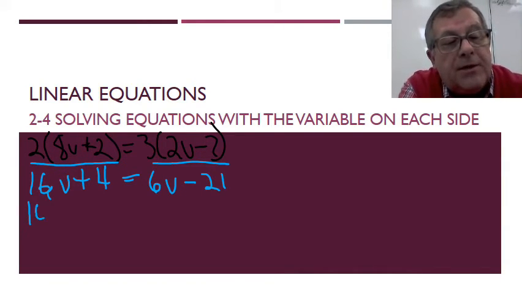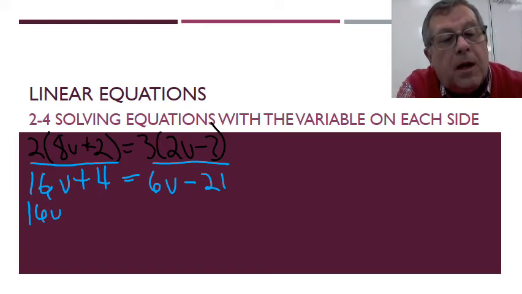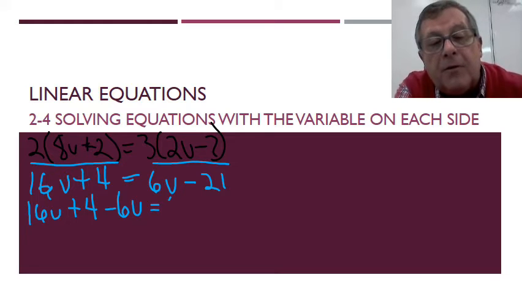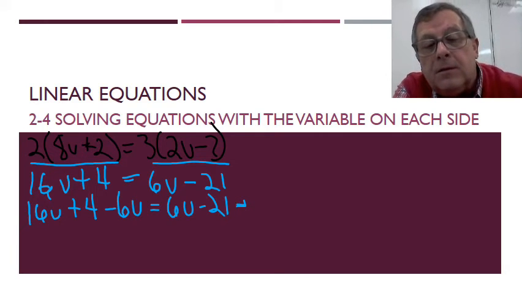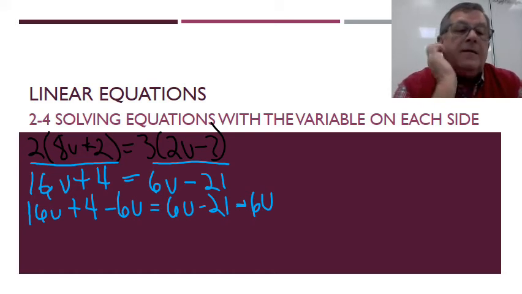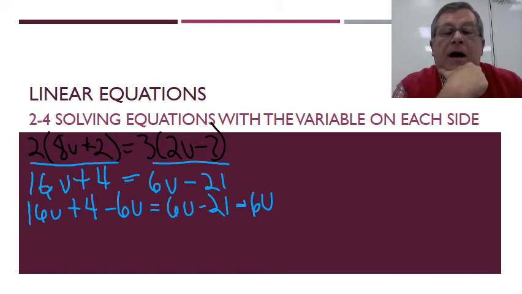So I got 16u plus 4 minus 6u. And whatever I do to one side of the equation, I got to do to the other. So I got 6u minus 21 minus 6u. Now, on my left-hand side, I got 16u minus 6u.